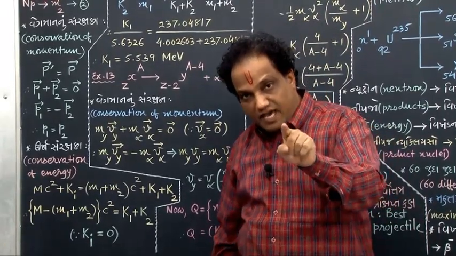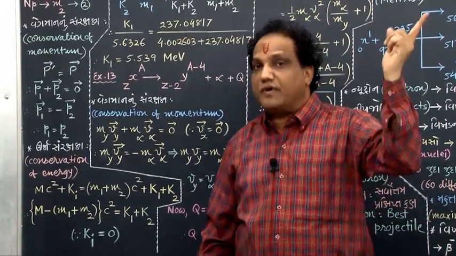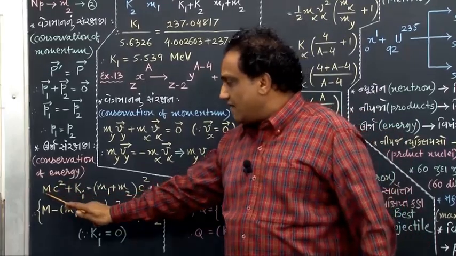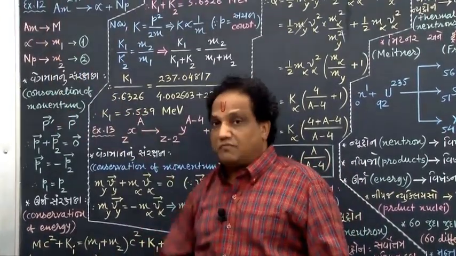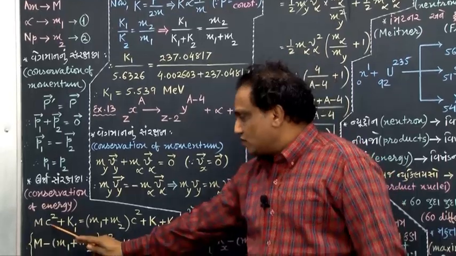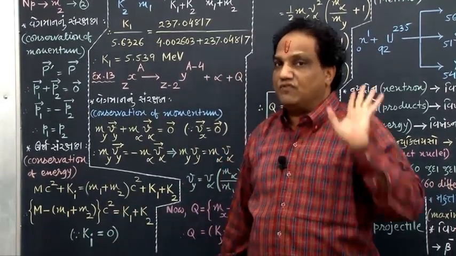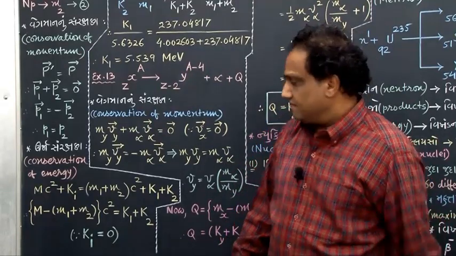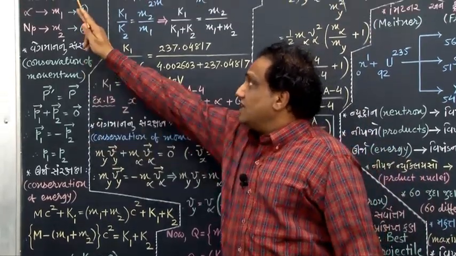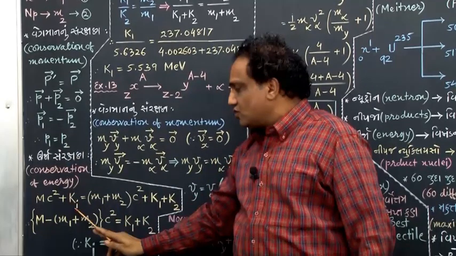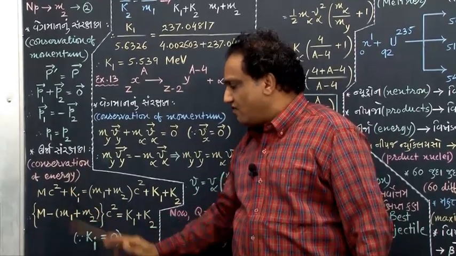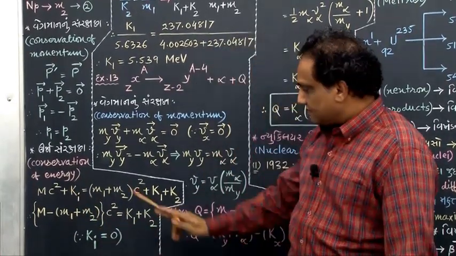Energy equivalent to mass m is how much? mc square. But here I have written capital M, which is mass of americium nucleus, into small c square. You must remember what is small c? Velocity of light in vacuum. Okay, and its initial kinetic energy I just showed by symbol Ki, I for initial.